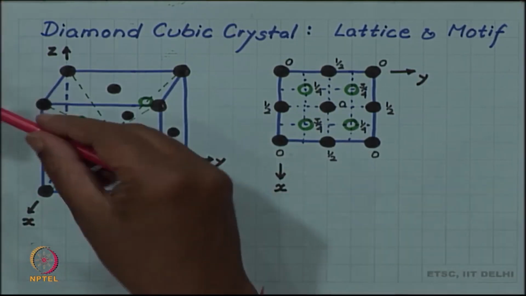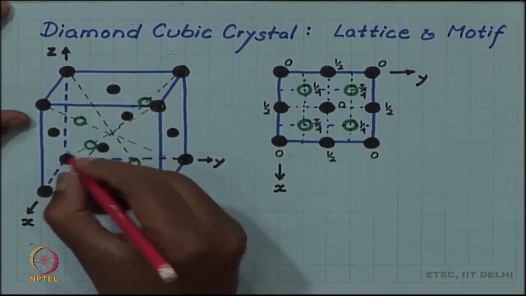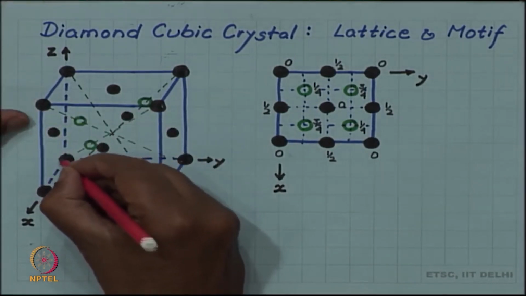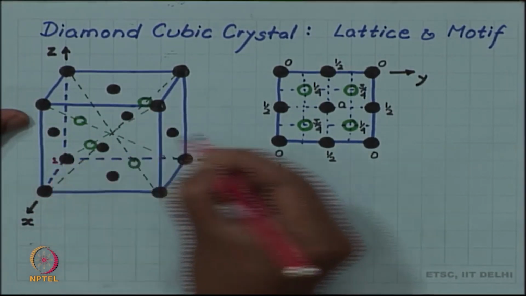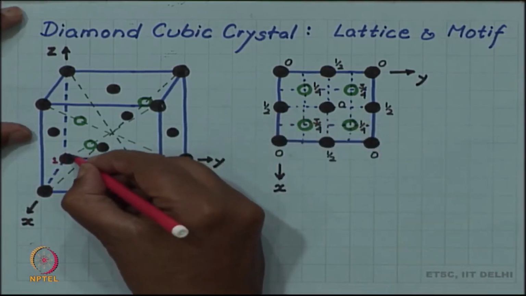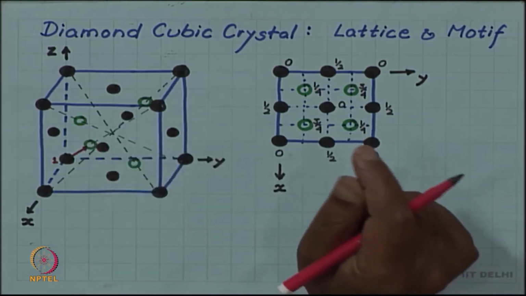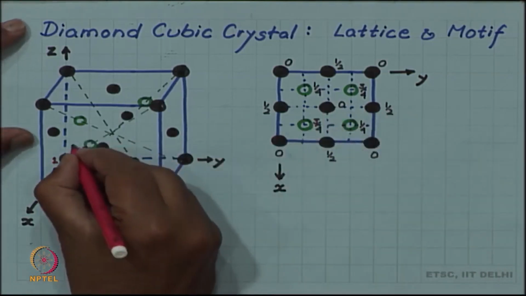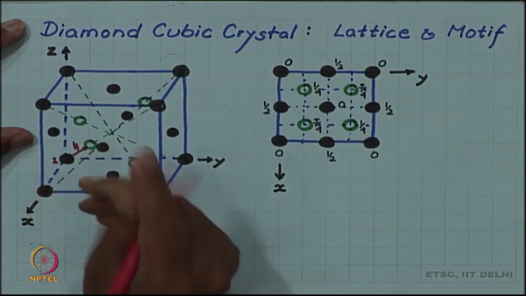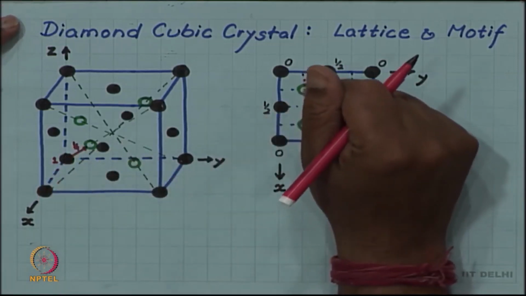go in this direction. Let us start with this as my lattice point, say 1, and from this I go along the body diagonal and I find this green atom, and I travel a distance 1/4 along the body diagonal.